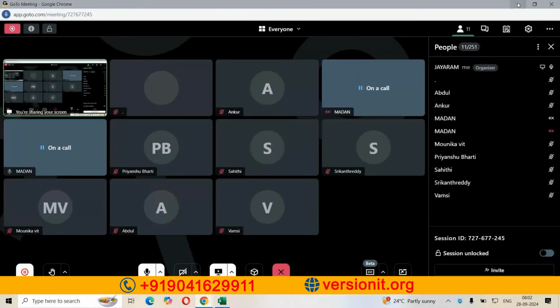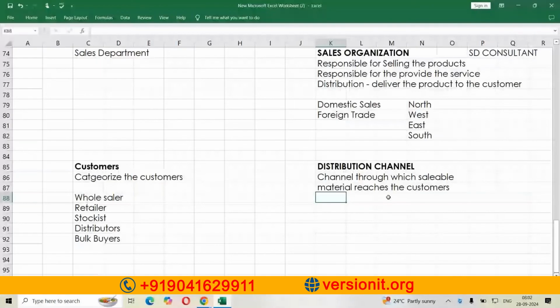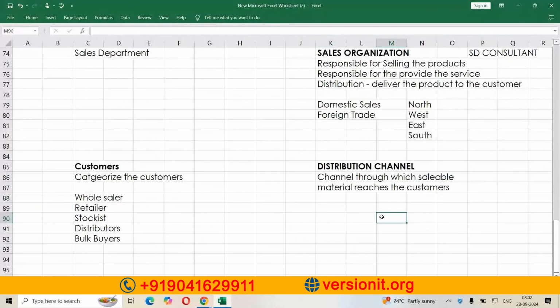This is one thing you need to be aware of when you work on the system. So you have different groups of customers, and we categorize them on the term distribution channel, the channel through which saleable material reaches them. And again, these distribution channels are created by the SD department. So as an SD consultant, you are going to be responsible for creating them.